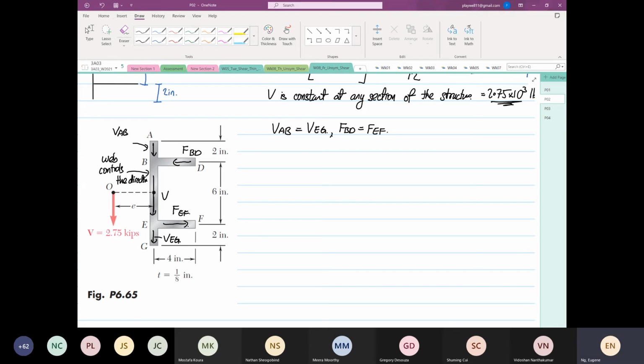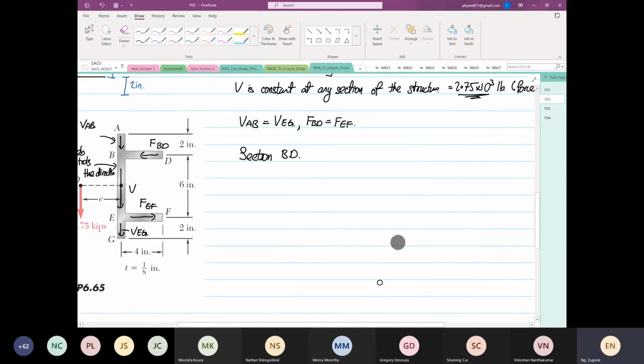If we were to focus on section BD now, I'm going to sketch out section BD.